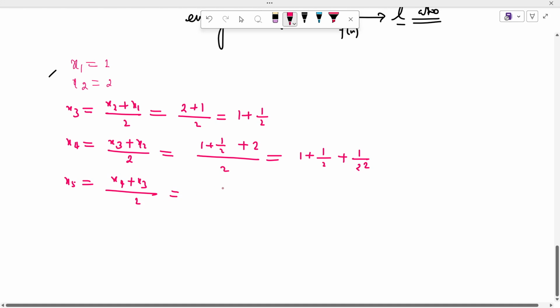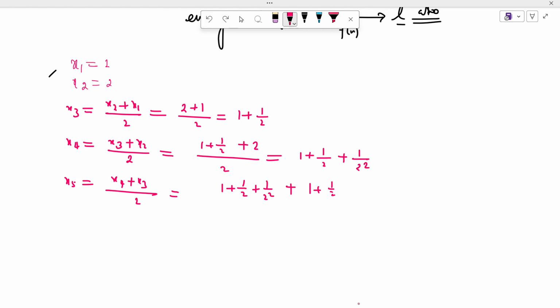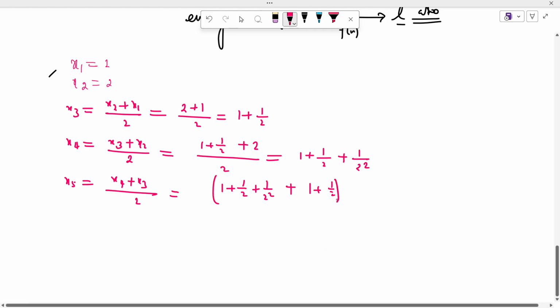So x4 is 1 plus 1 by 2 plus 1 by 2 square, and x3 is 1 plus 1 by 2, and this divided by 2. So one can see that it is 1 plus 1 by 2 plus 1 by 2 to the power 3.